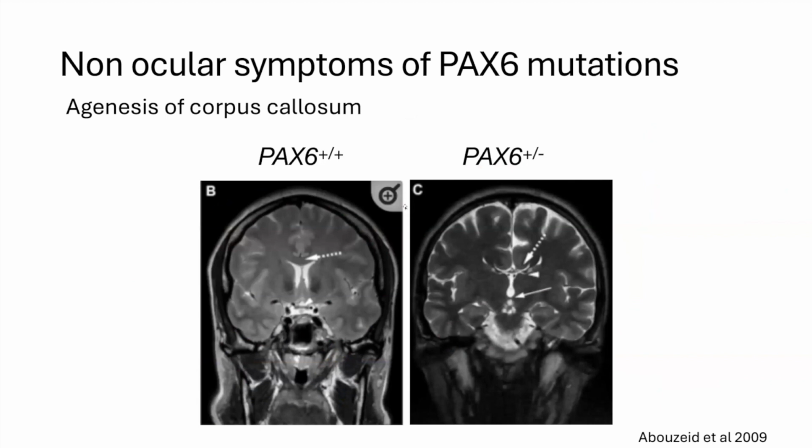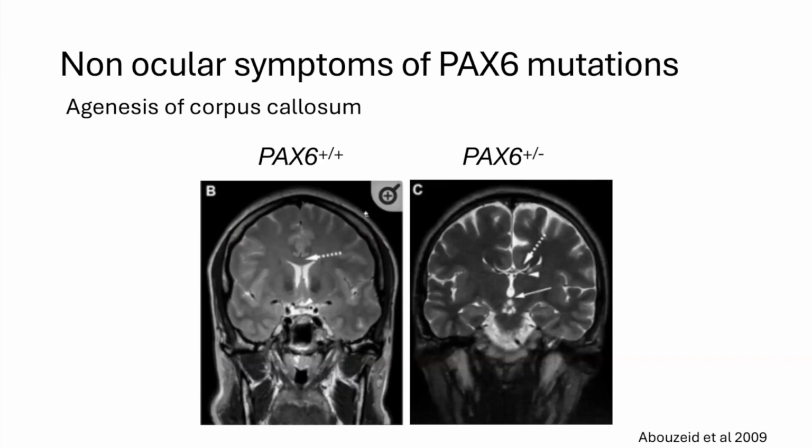Now, to talk in a little more detail about the symptoms you see in PAX6 patients. You have both copies of PAX6, so the full dose of PAX6. See here on the left, this is an MRI scan of a control patient. What I'm going to highlight here is the corpus callosum. It's right in the middle of the picture, highlighted by this white arrow.